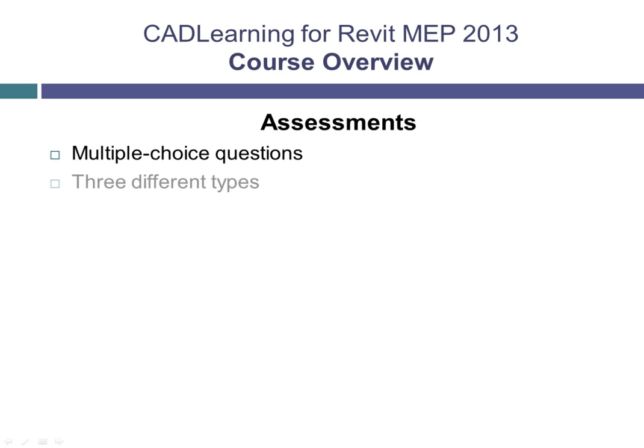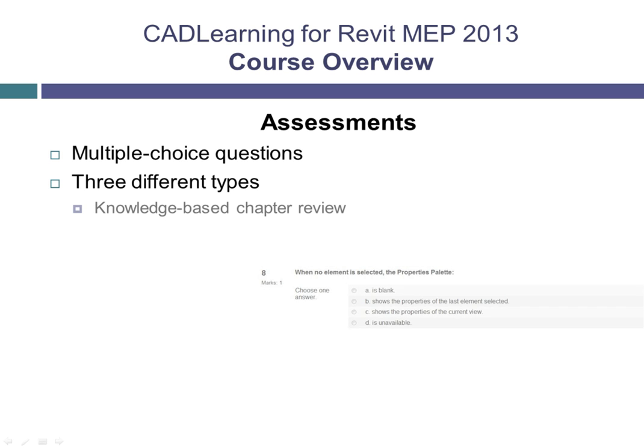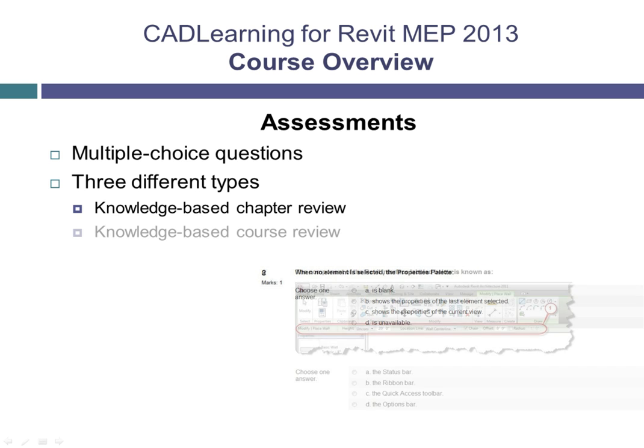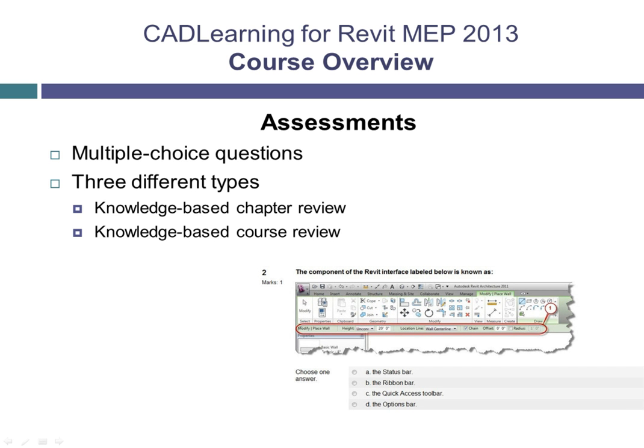There are actually 3 different types of assessment tests. For each chapter, you'll find a knowledge-based chapter review, in which each question covers the material presented in a given chapter. You'll also find a knowledge-based course review. The questions in this test cover the entire range of material presented in the entire course.